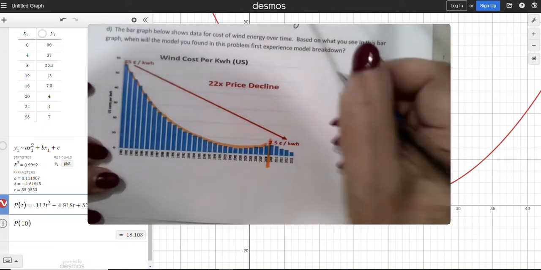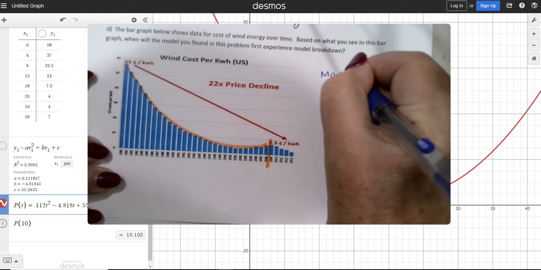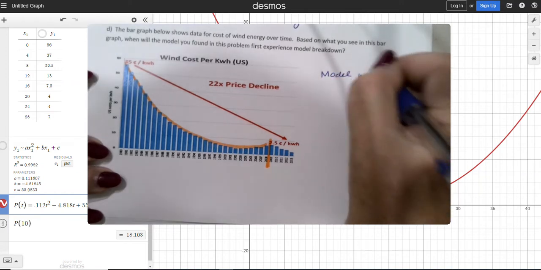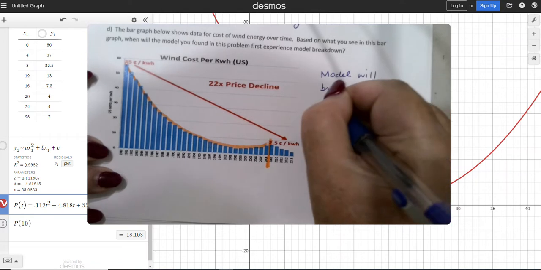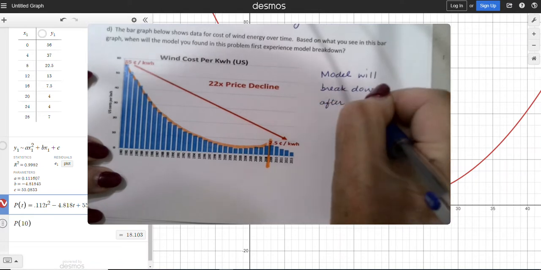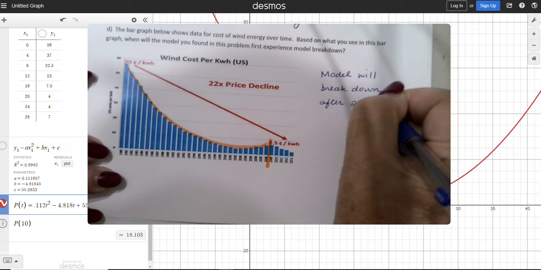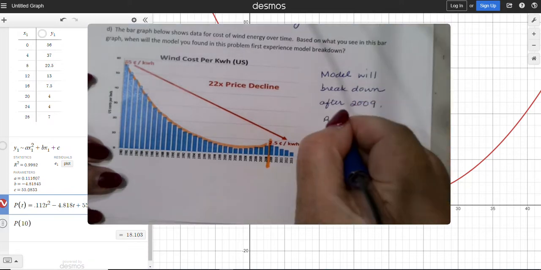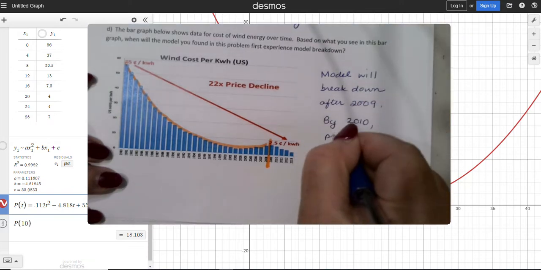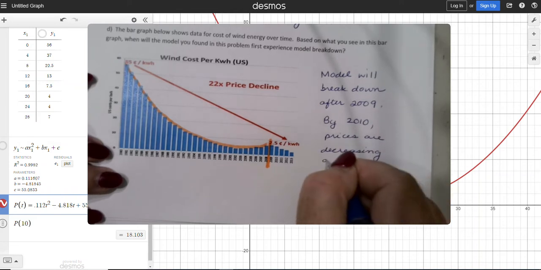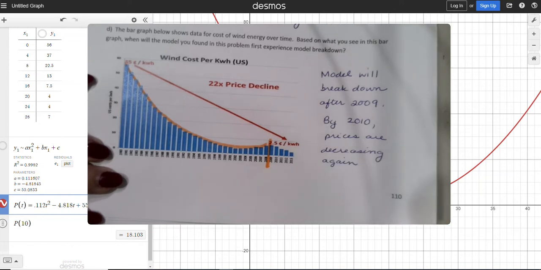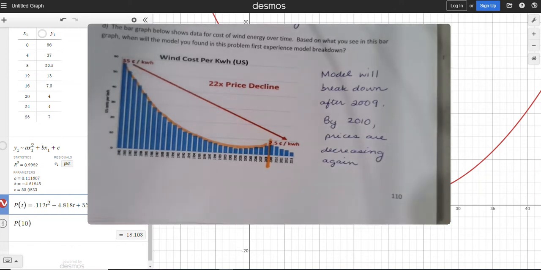So the model will break down after 2009. By 2010, prices are decreasing again. Whereas our model would, of course, just keep increasing because we're in the increasing part of the parabola at that point.